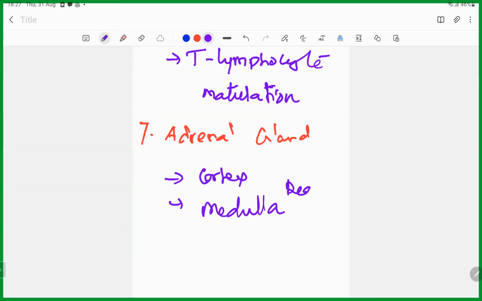Many hormones are connected with the pituitary, and many hormones come from the adrenal, such as adrenaline and noradrenaline.